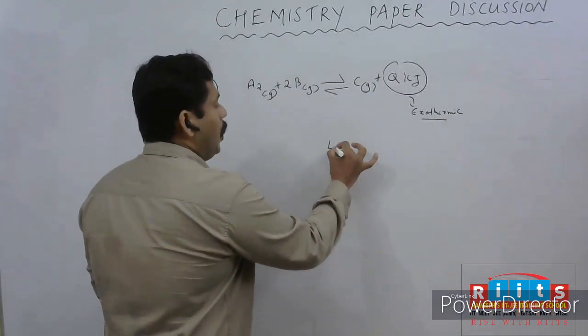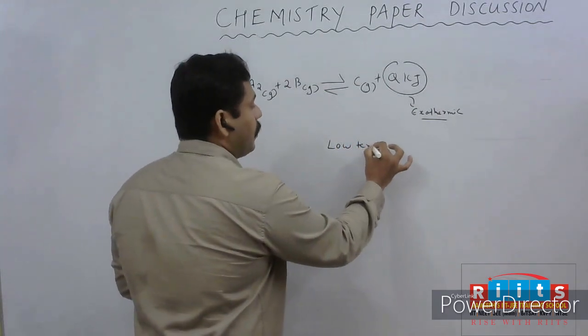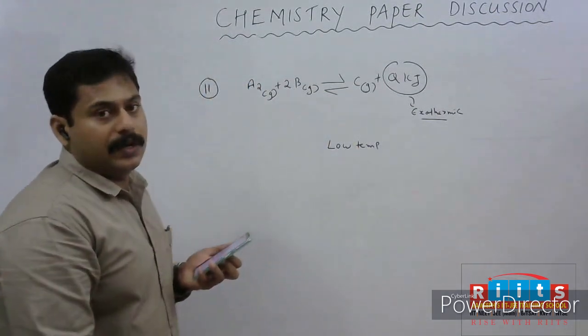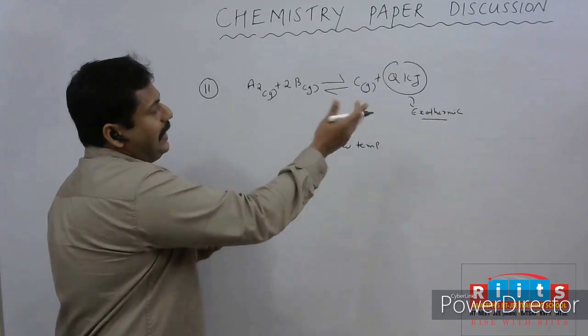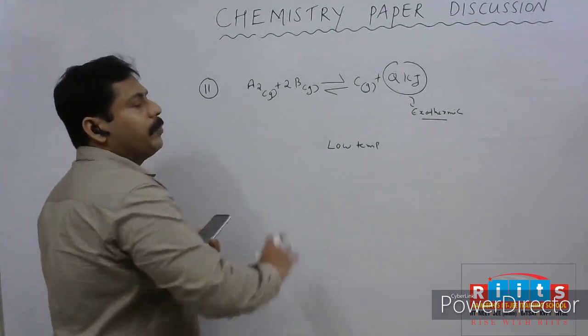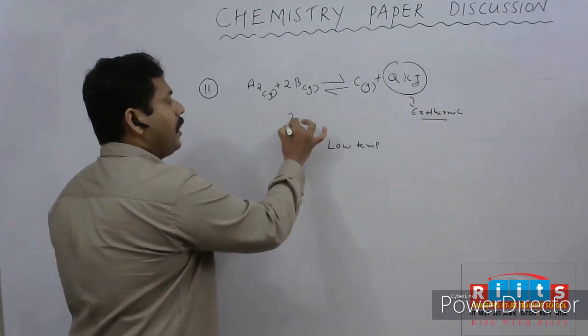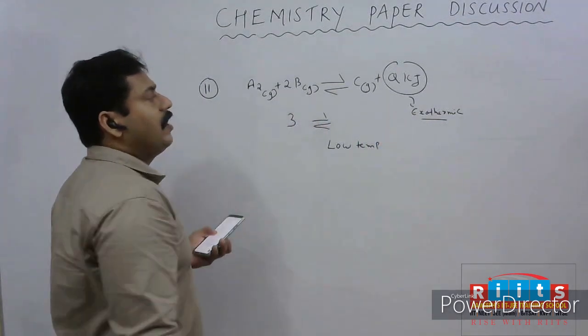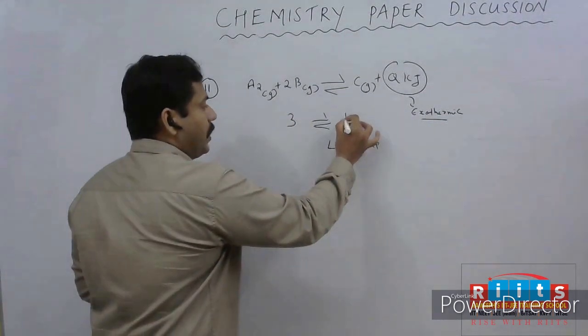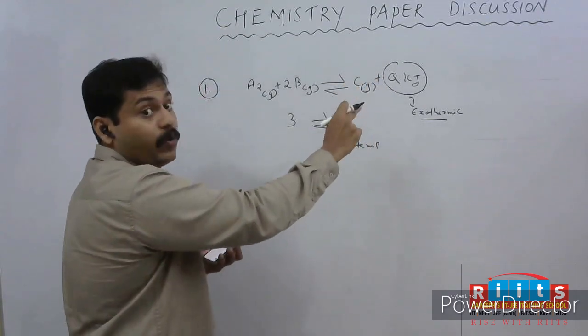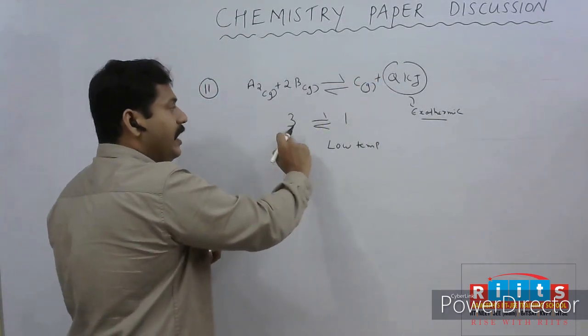So we can mark low temperature. And what about the pressure? To get the maximum yield, what about the number of moles on the left side? 2 plus 1, 3. What about on the right side? 1 only, because Q is heat, not moles. So left side 3, right side 1.